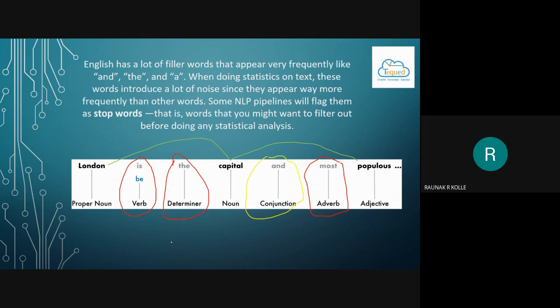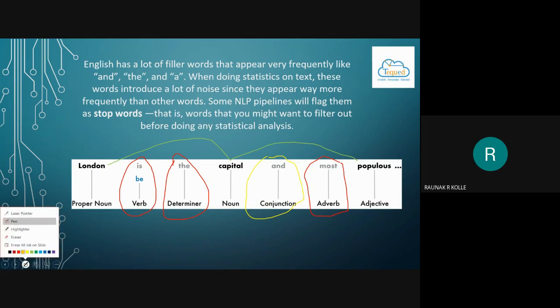But with respect to user 2, only and is marked as a stop word. Hence, the sentence becomes London is the capital, most populous.